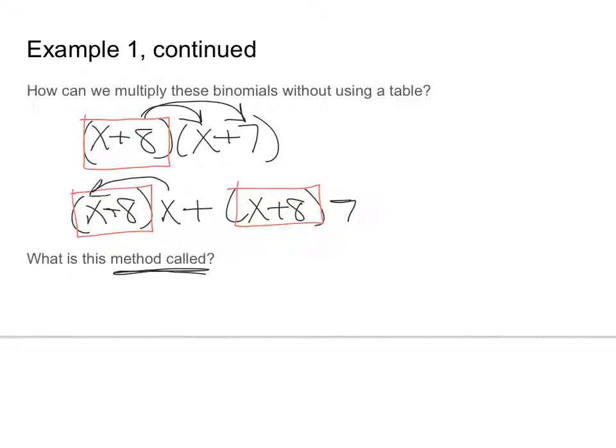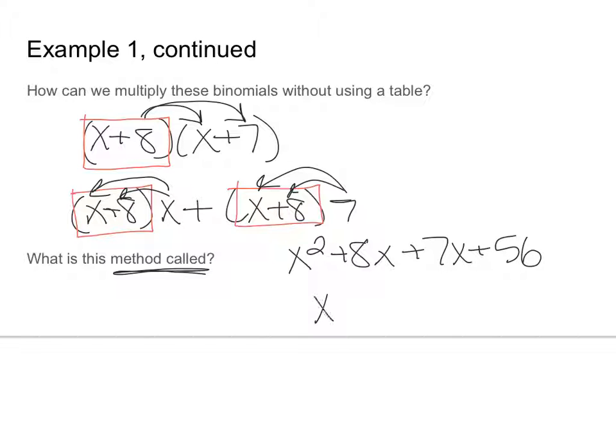So if you like to see that visually, that's what I just did. Now, let's do a little bit more. And I have, I'm going to go right down here, x squared, 8x, and then we're going to do the same thing, 7x, 56, x squared, 15x, 56.